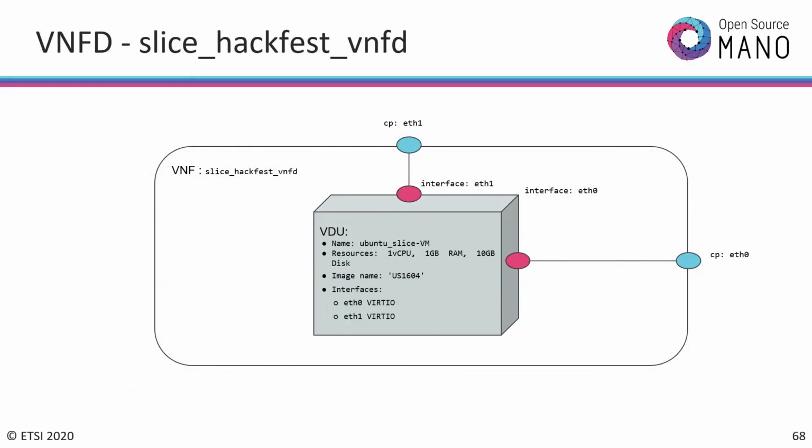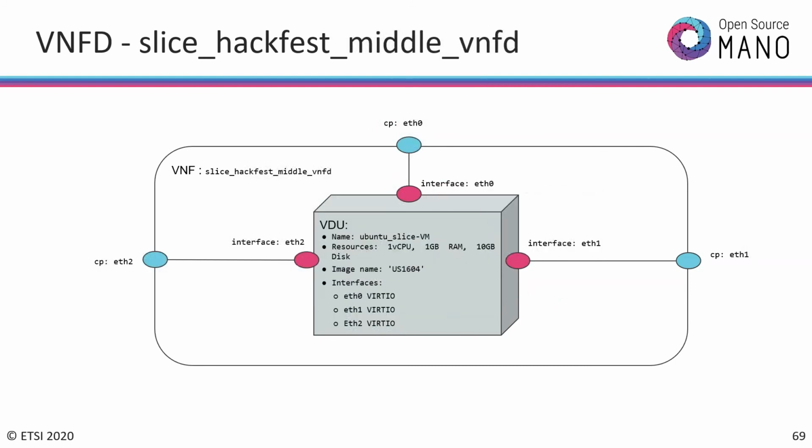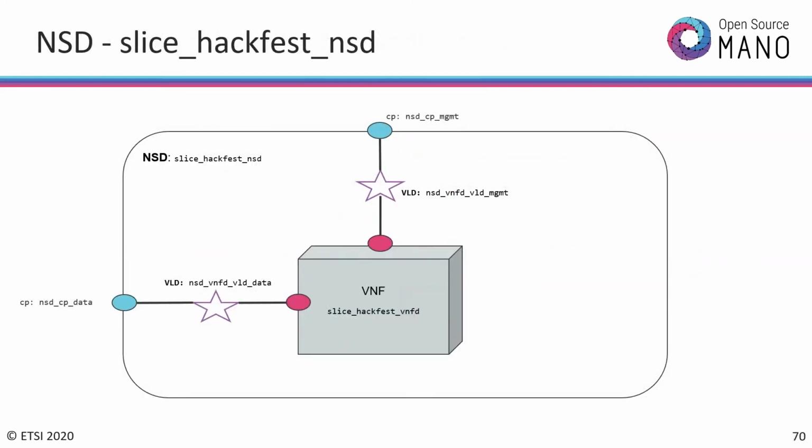So if we zoom in on the VNFDs, we have two VNFDs. The first one has 2 connection points and specific characteristics, and the second VNFD has 3 connection points with specific characteristics, similar, like CPU, RAM, disk. This is the VNF that at the end will land in our slice.